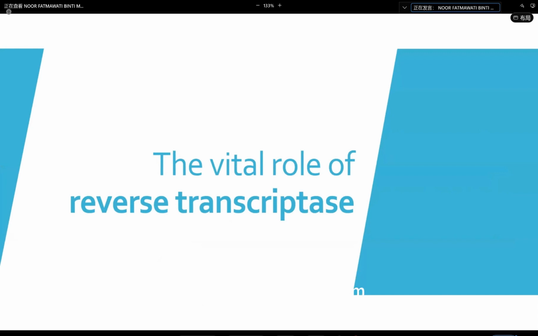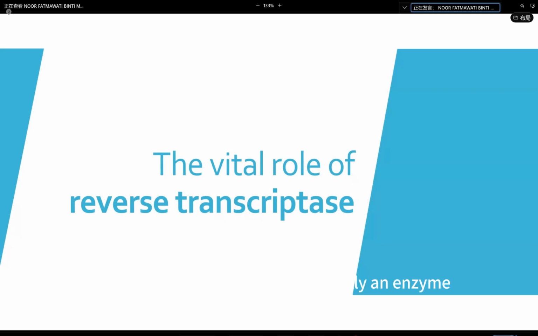When it is in a DNA form, it's stable, and you have several more options for detecting it.